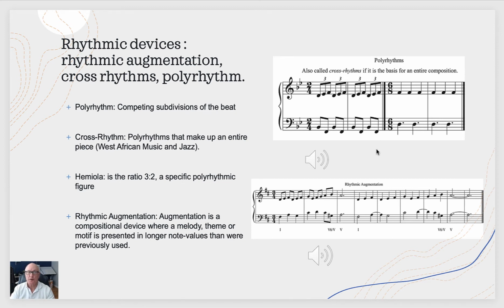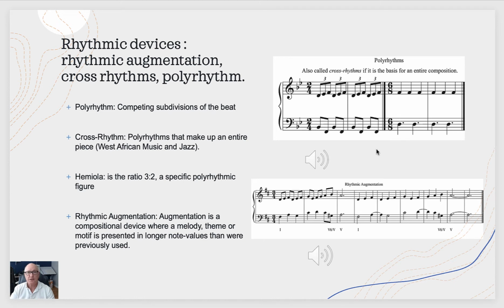A cross rhythm is a polyrhythm, but it defines a whole piece. A hemiola is a specific kind of polyrhythm. It just means 3 against 2. And I just played 2 examples of 3 against 2. The 3 was in the upper voice, and the 2 was in the lower voice. It gives you this kind of composite rhythm sound where one is going in 2 and the other is going in 3.